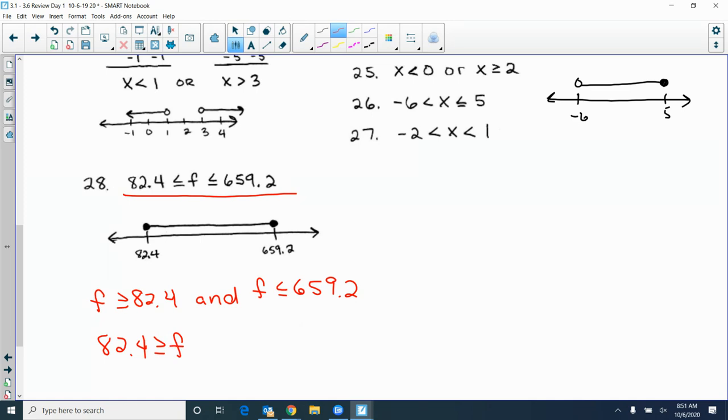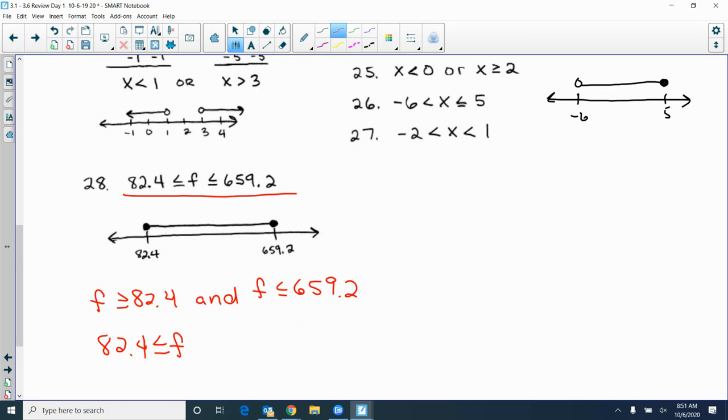Read it the other direction. It has to make sense both directions. You're saying 82.4 is bigger than F, but if I go this direction, you're saying F is less than 82.4, right? It cannot be less than it. Okay, so if you write the 82.4 first, you have to flip that and make it like this. Okay, and sometimes to me it's easier to write the F first.